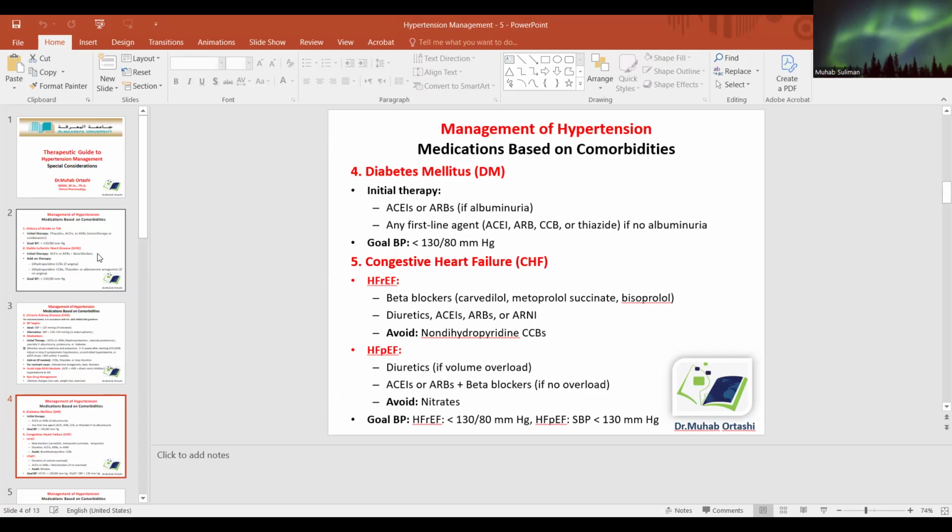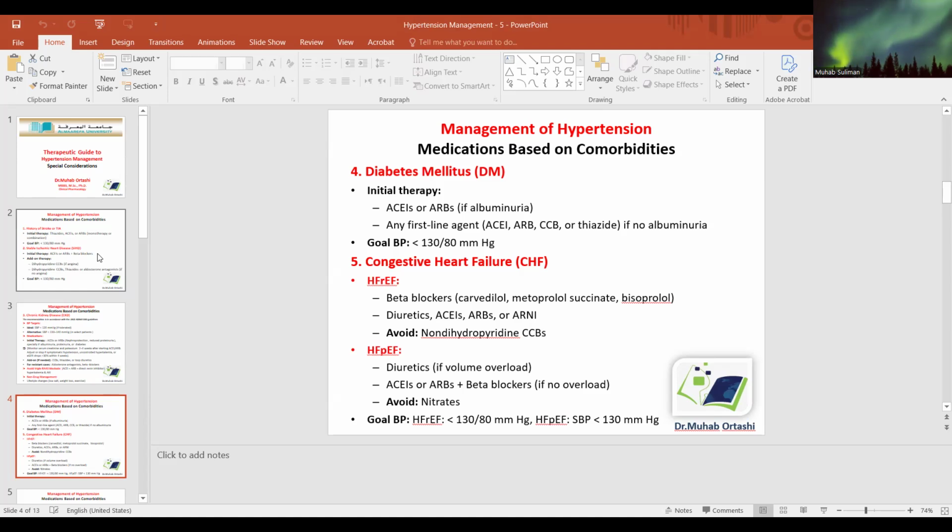If it is preserved ejection fraction, where the ejection fraction is above 50, we can use diuretics if the patient has fluid overload, edema as we said, to decrease the edema and relieve the heart.